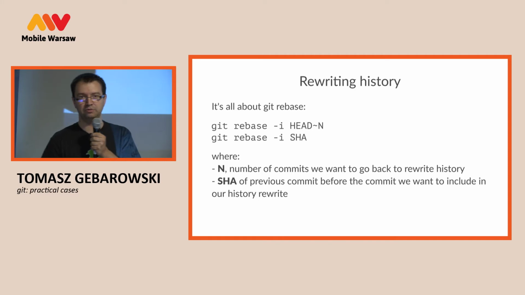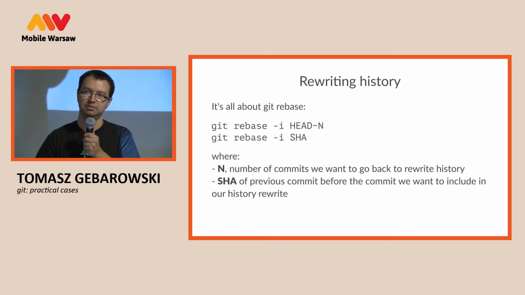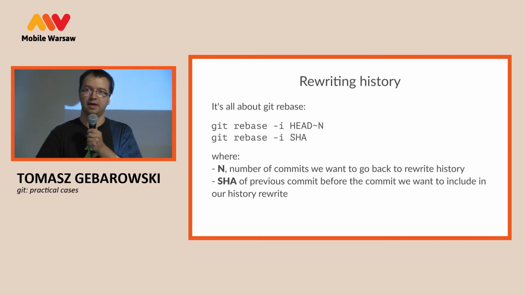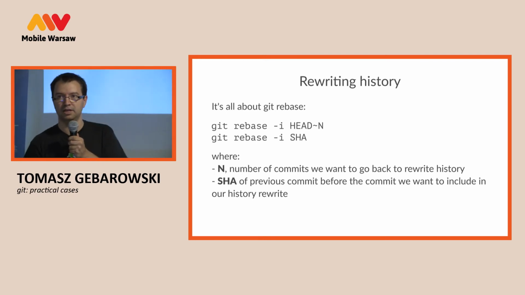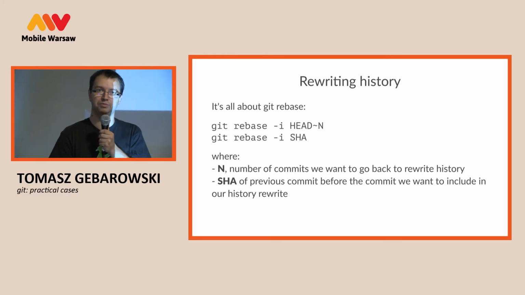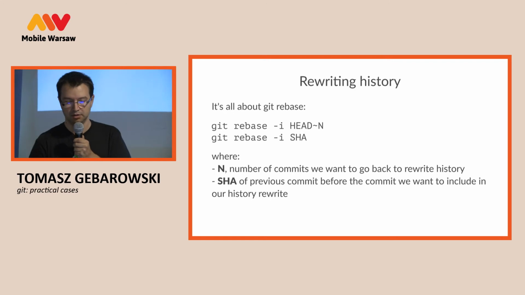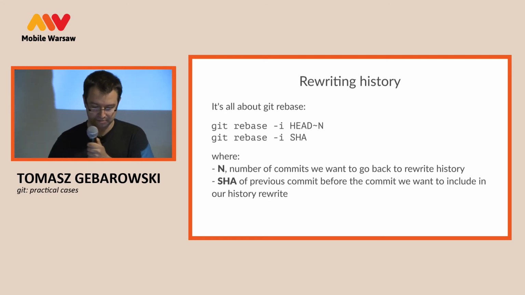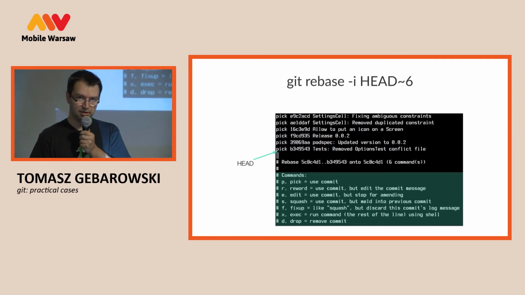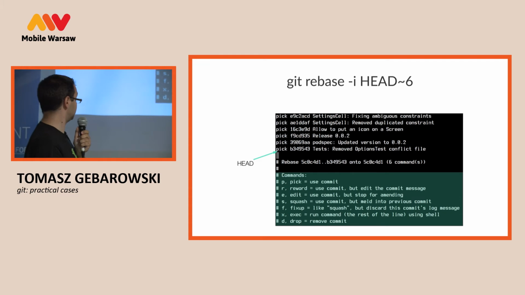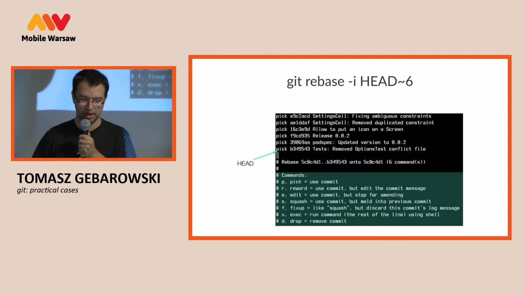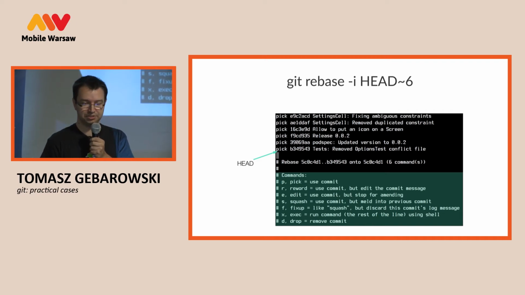The first one simply goes back n commits from the head, and then you are going to rewrite only the last n commits. The other is that you refer to the hash before the commit you want to rewrite. Let us assume that we are going to rebase the last 6 commits from head. The head pointer is set at the bottom commit, and the top commit is the last commit from our history.